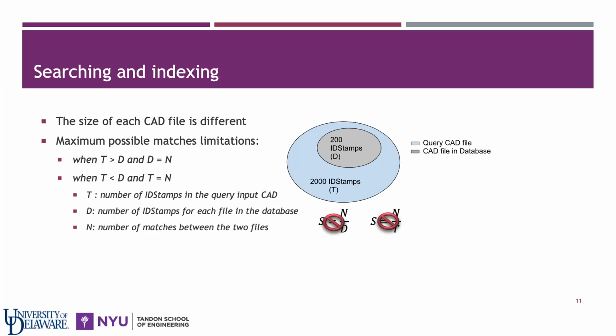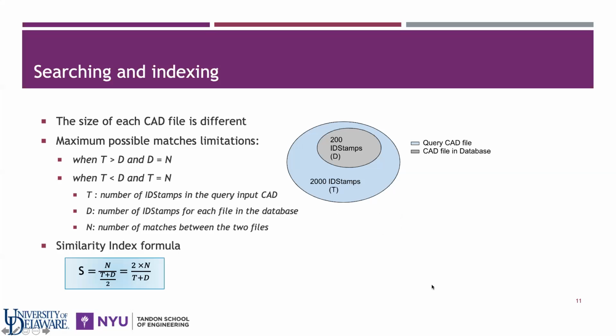Therefore, to cover those two corner cases, the similarity index formula computes the sum of the number of ID stamps from both files as the total number of ID stamps. Then the number of matches is divided by the average of those two files to compute the similarity index.